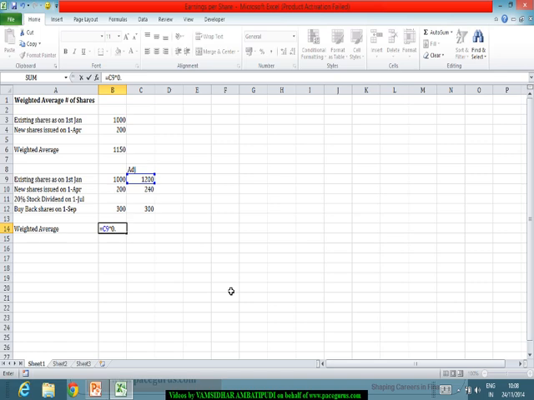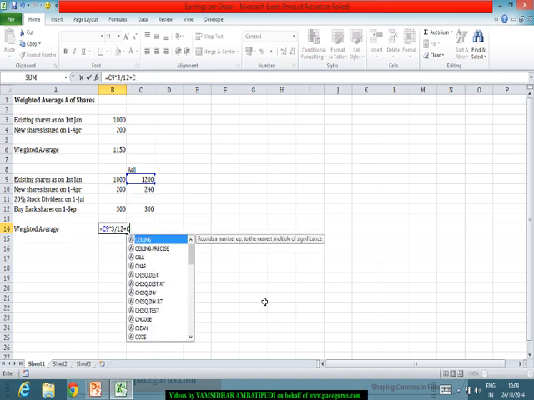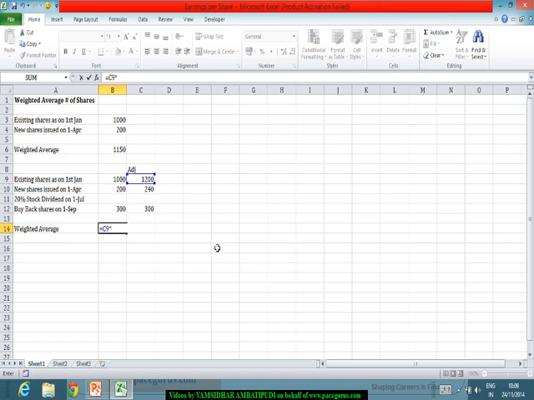Now if I have to compute the weighted average, either I can write it as 1200 shares are there for the entire year, 12 by 12.